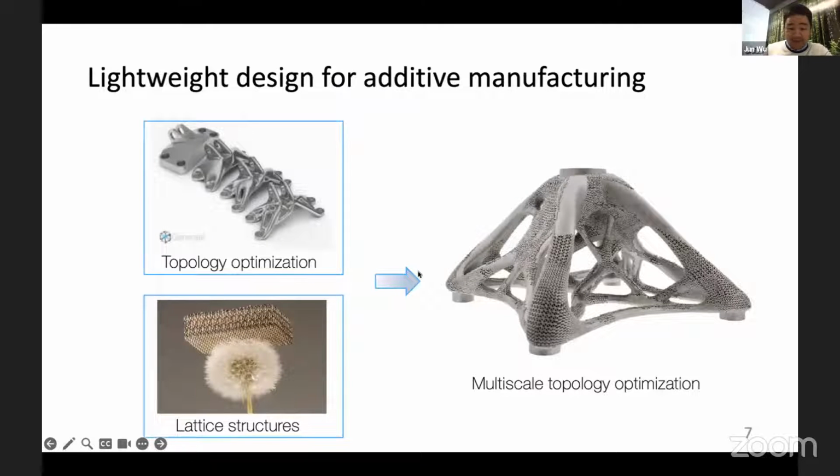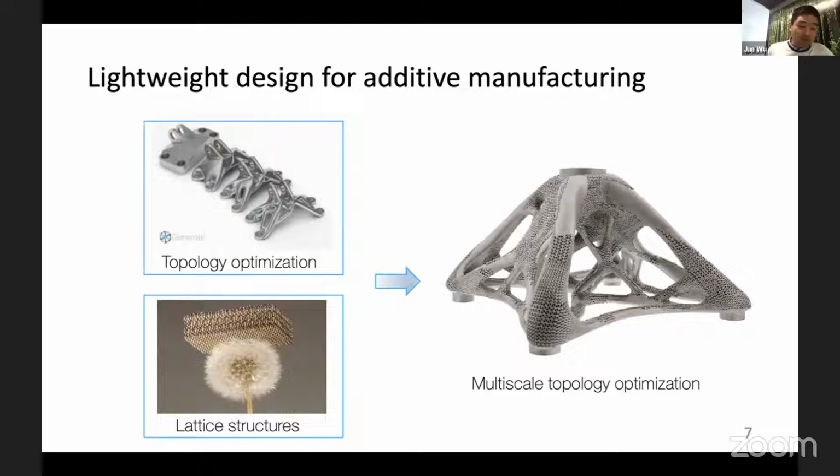From a manufacturing perspective, if you visit a 3D printing exhibition, you will notice many structures designed by topology optimization and manufactured by additive manufacturing. The manufacturing industry really embraces this technology to showcase the unique possibility to fabricate complex geometries.